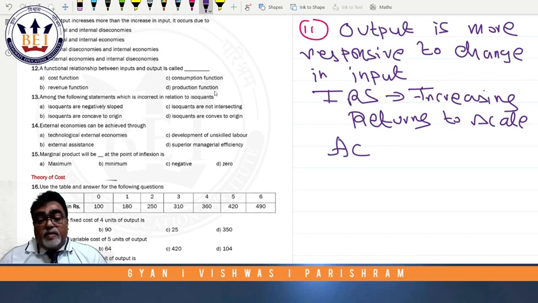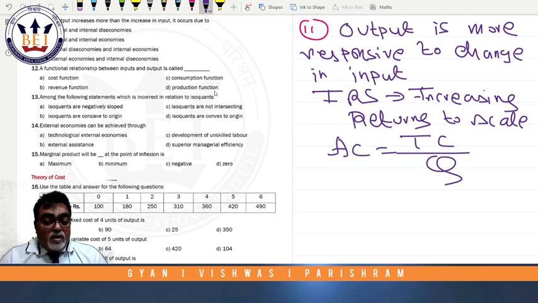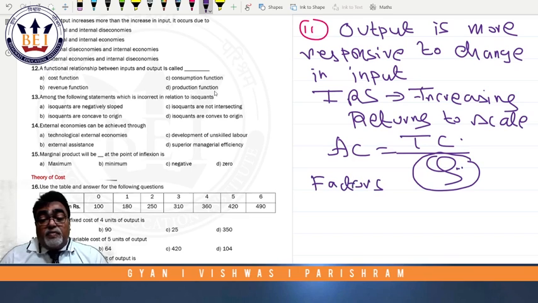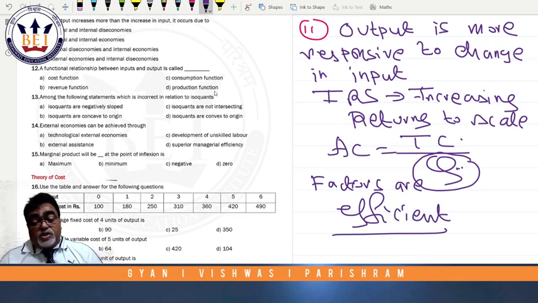More specifically, average cost is equal to total cost by quantity. Achha, when output is more responsive, it means it is adding more to the denominator than to total cost. When it is adding more to the denominator than to total cost, what does it mean? Are your factors efficient or inefficient? Obviously, the answer should be that factors are efficient.